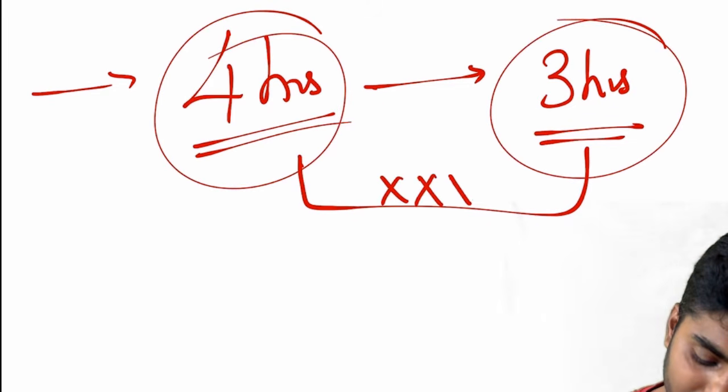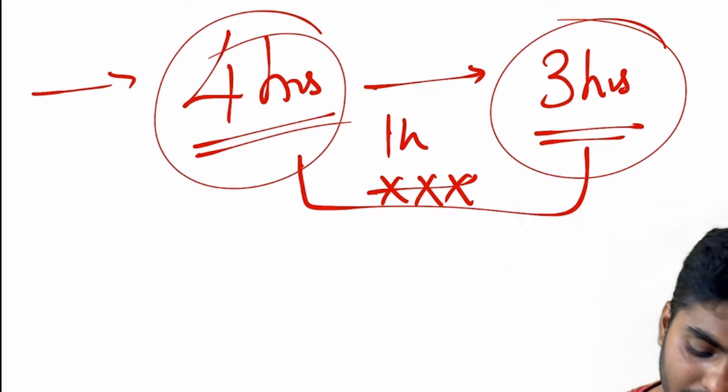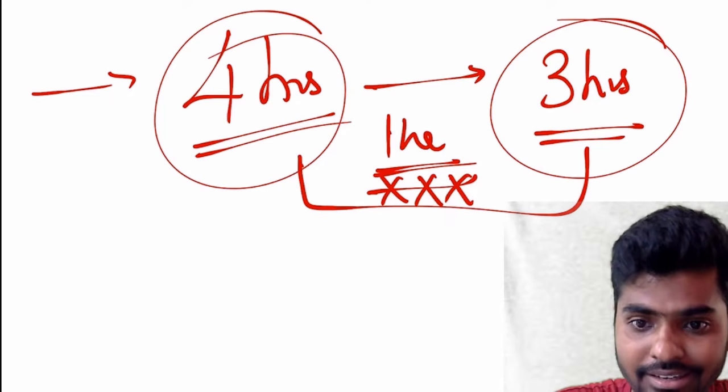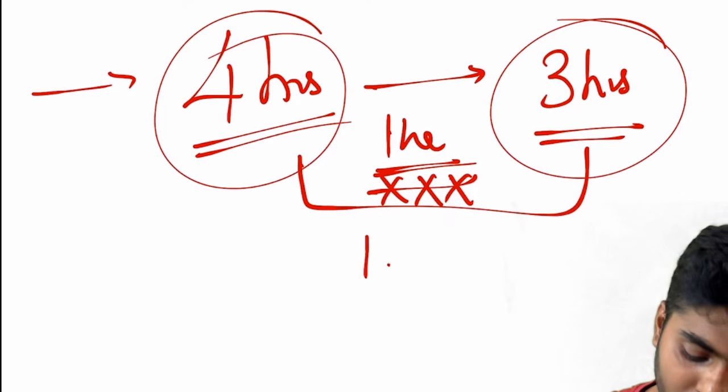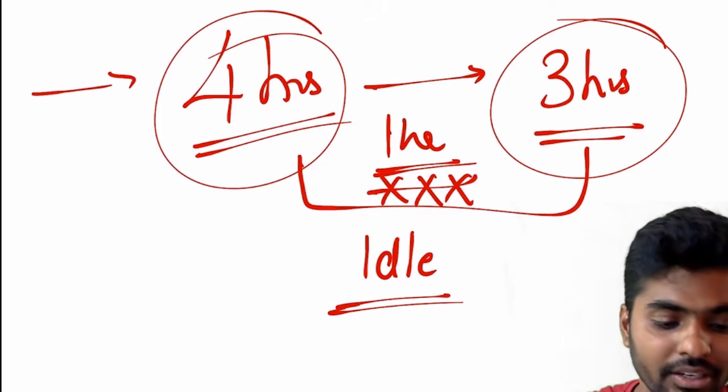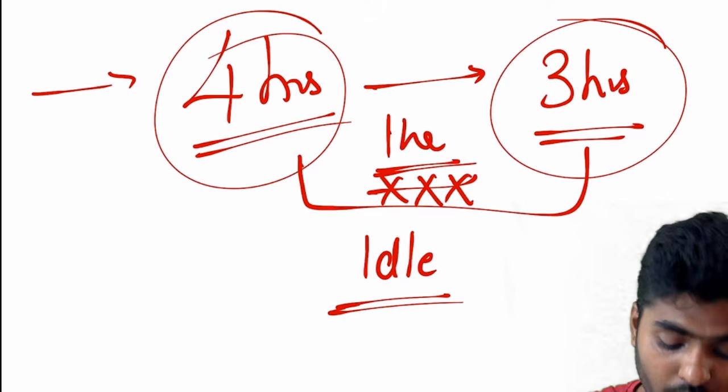Now, this 1 hour could have been avoided or could not have been avoided, right? So, this 1 hour is the difference. We call it idle time. Now, what is idle time? I want you guys to just write this down.